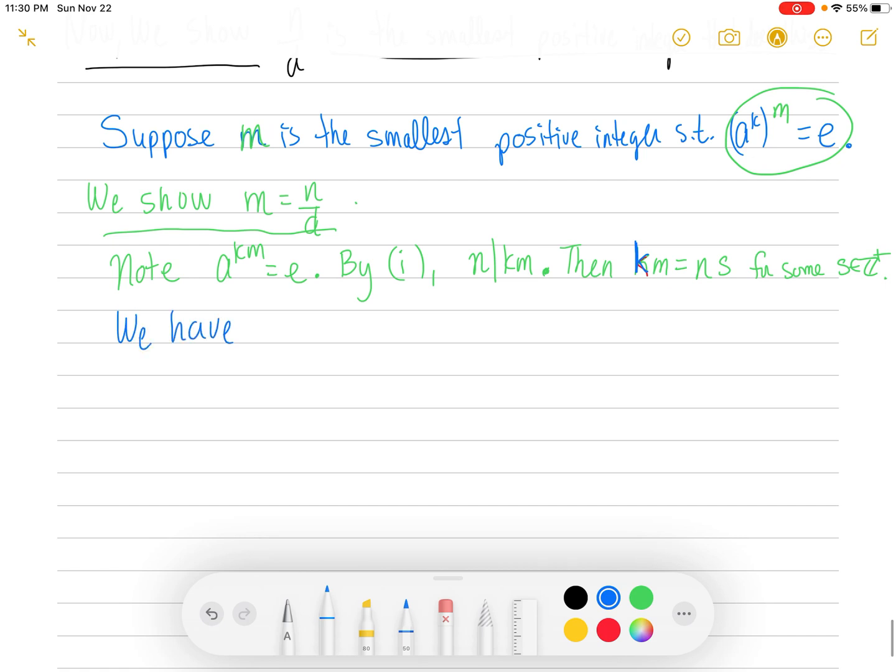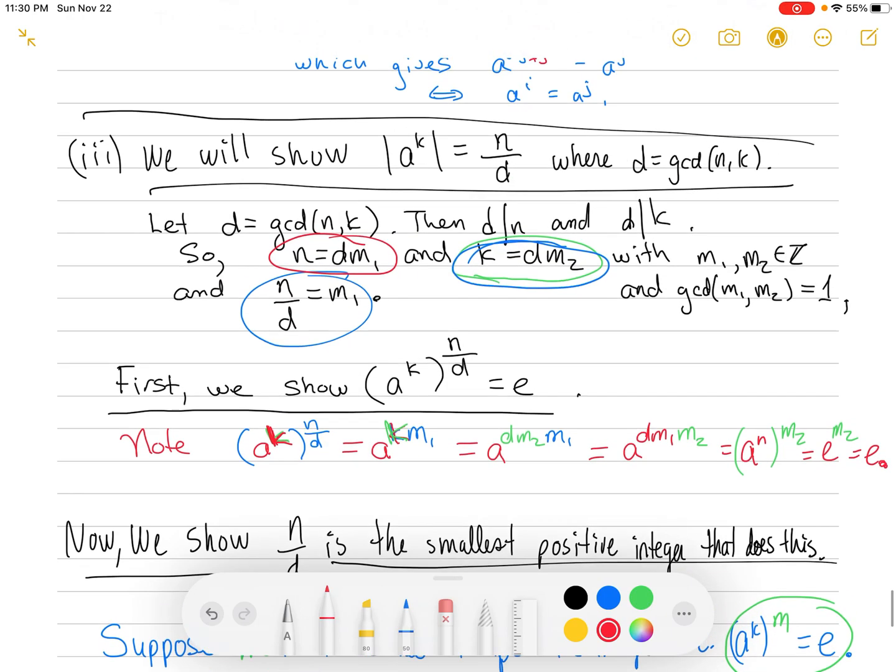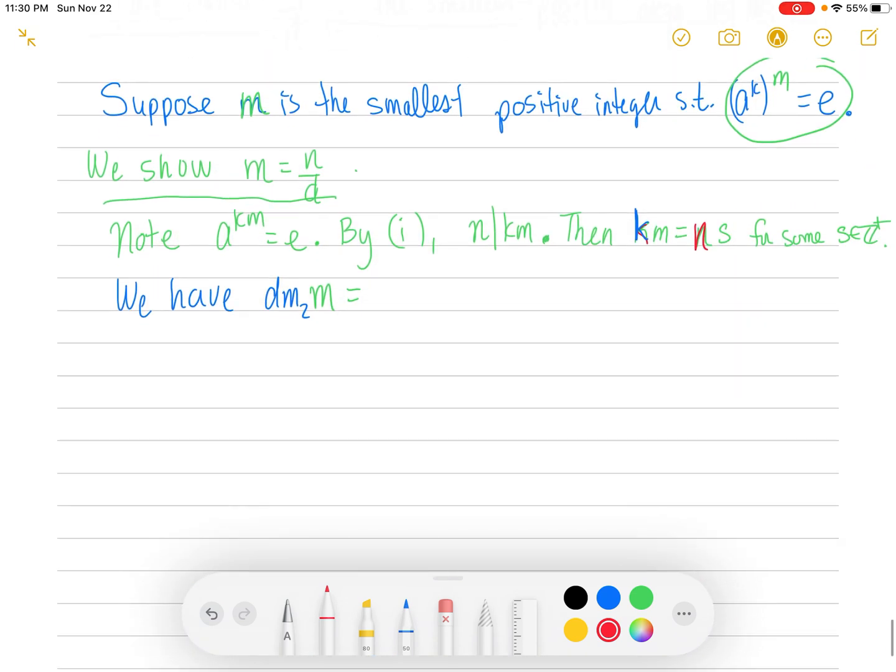So in place of the k, I'm going to put dm2. And then we have a m equals, now what was n? N, if you remember, was dm1. And then we have an s.